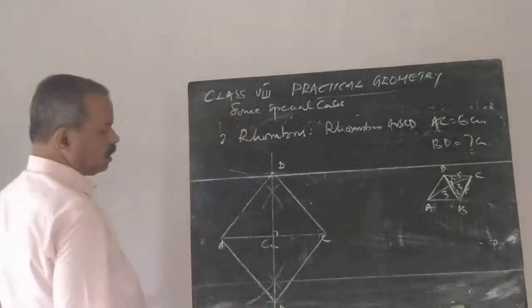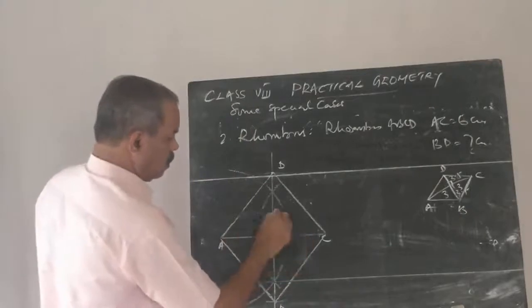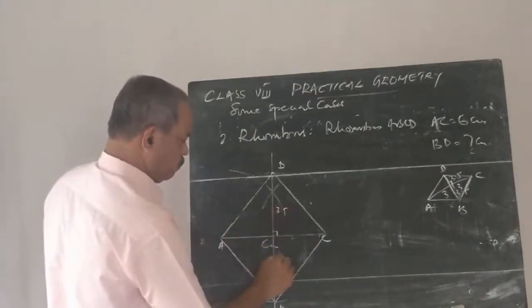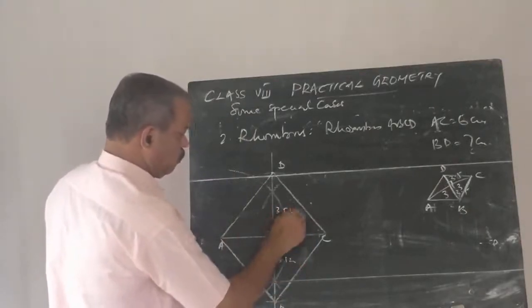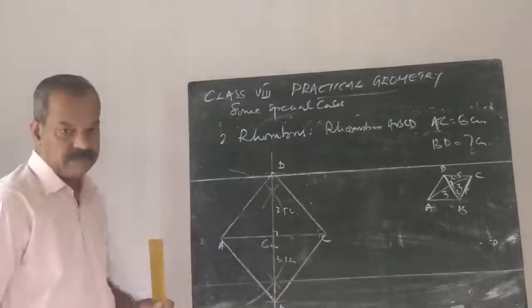This is rhombus ABCD. This is the required figure.